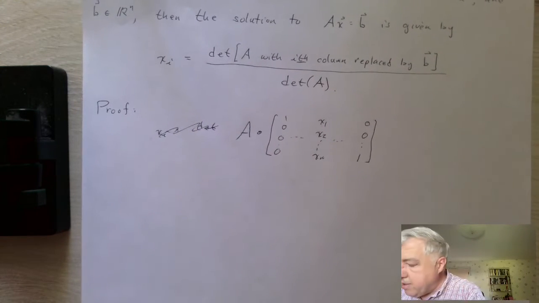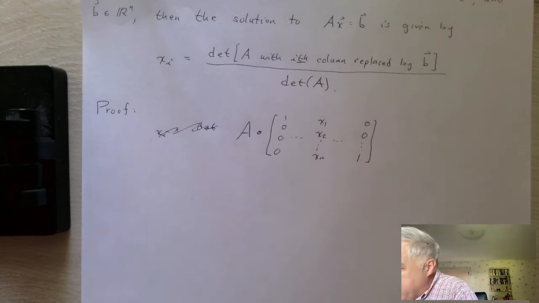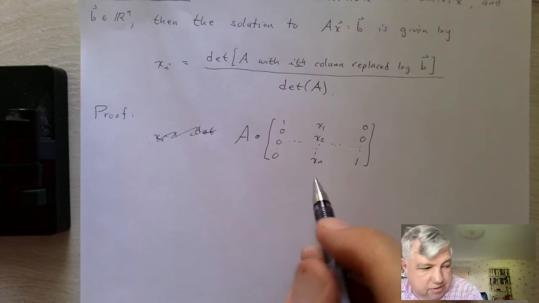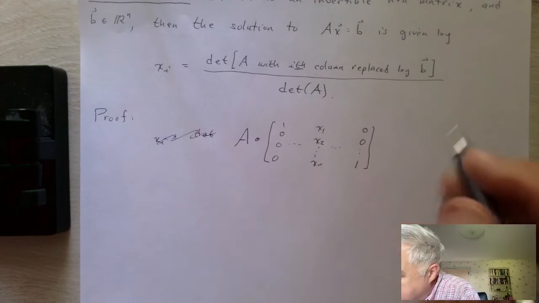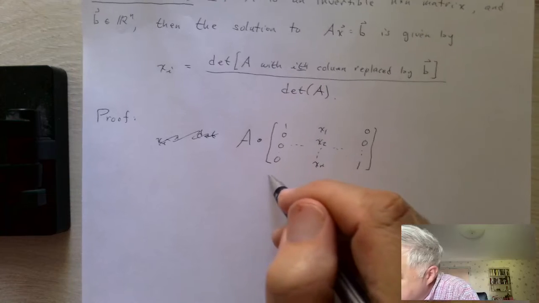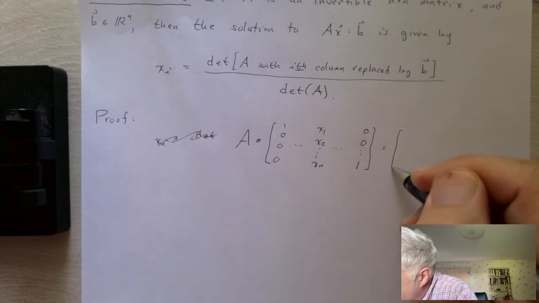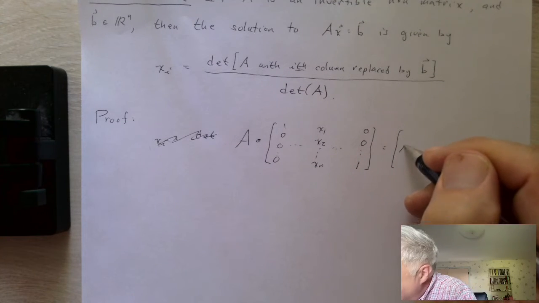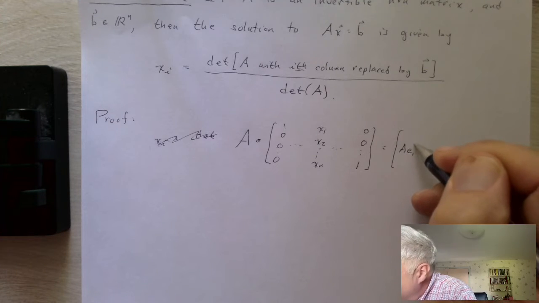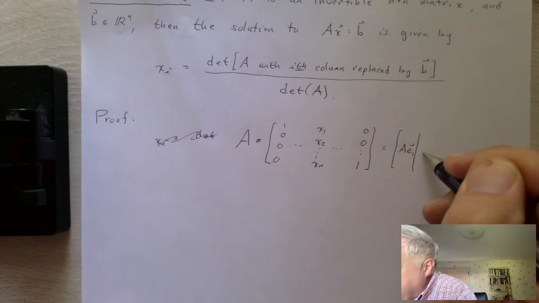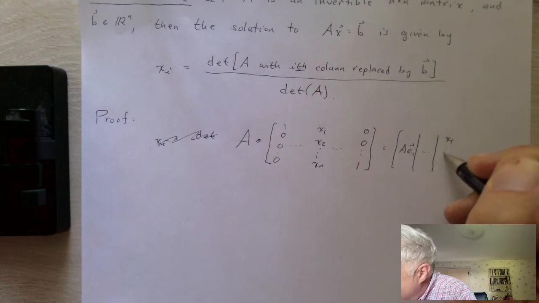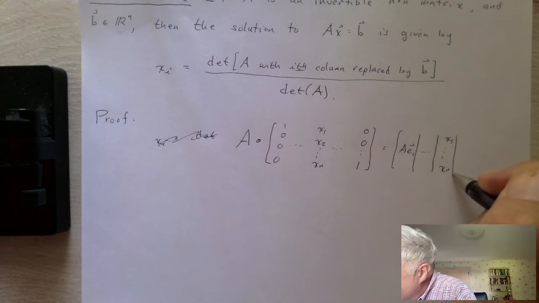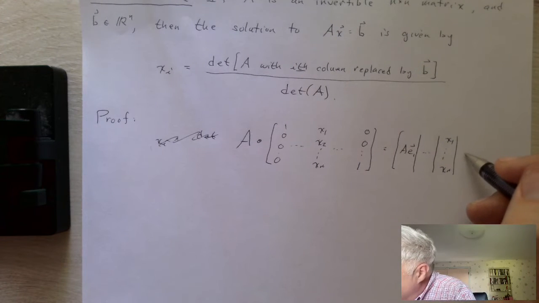Now, what is that going to be? Well, this is the same thing as AE1, AE2, and so on, and then we have x1 through xn here, and then finally we have AEn.